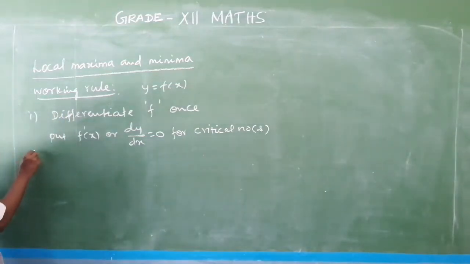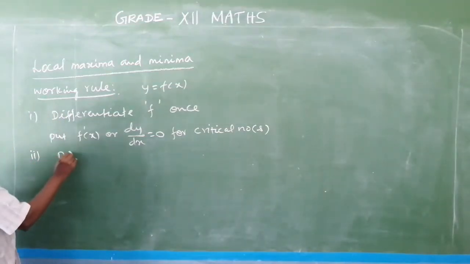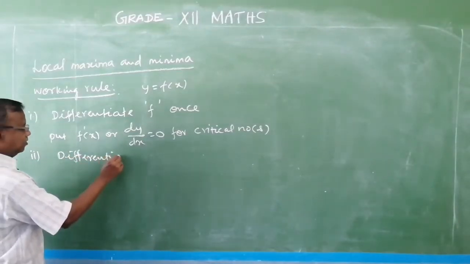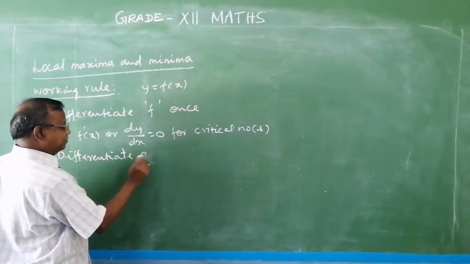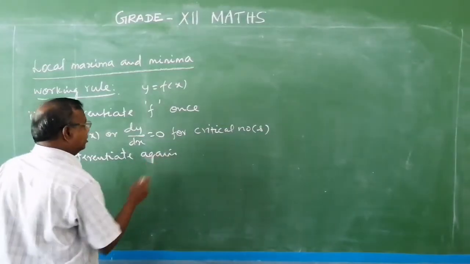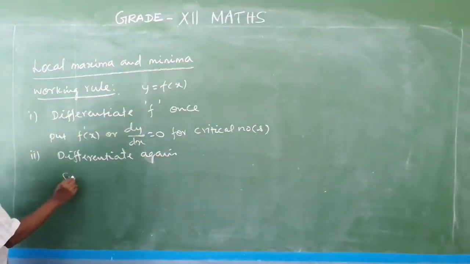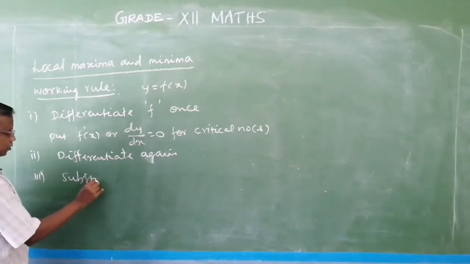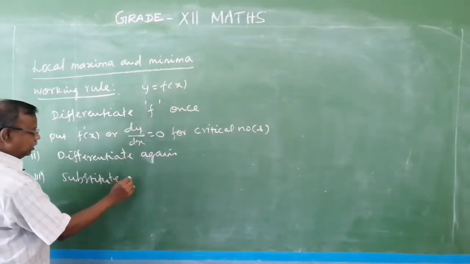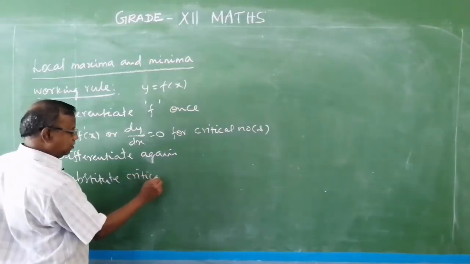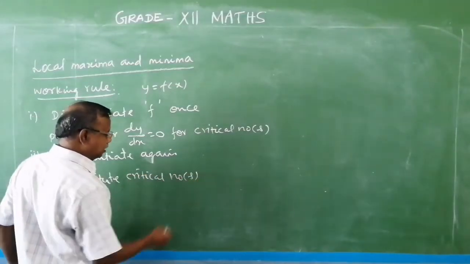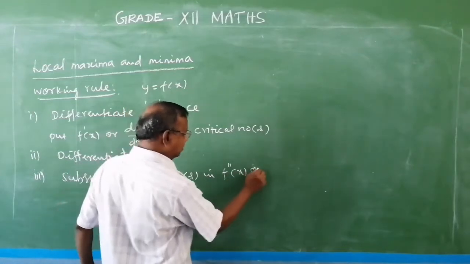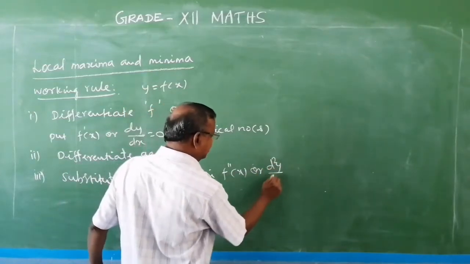Now, differentiate again. Third, substitute the critical number or numbers in the second derivative, that is f double dash of x or d square y by dx square.